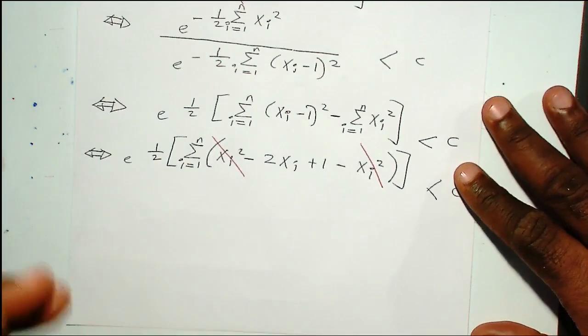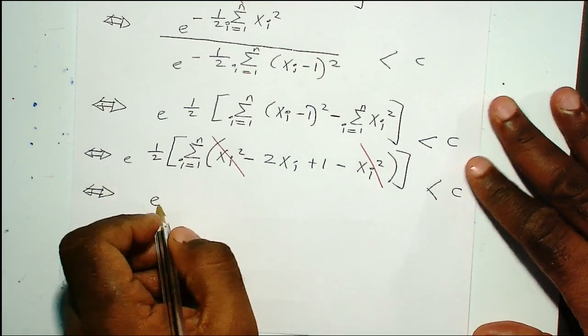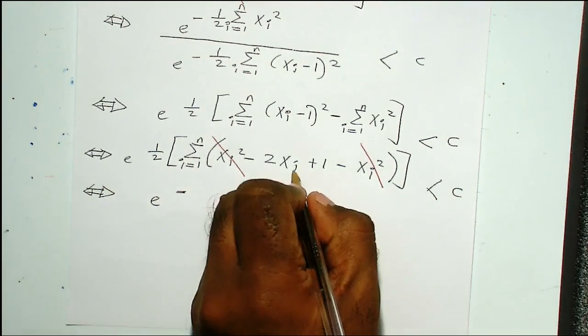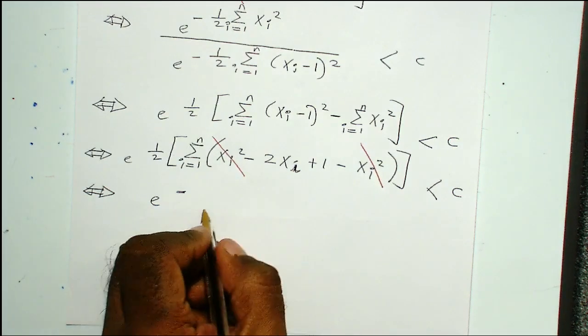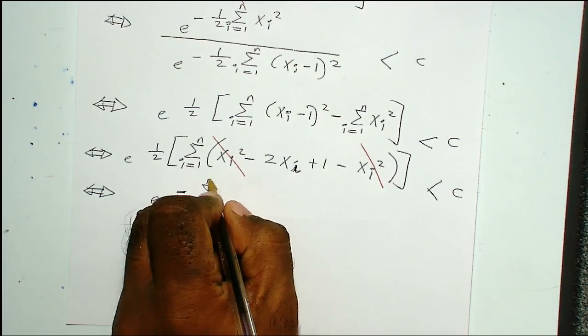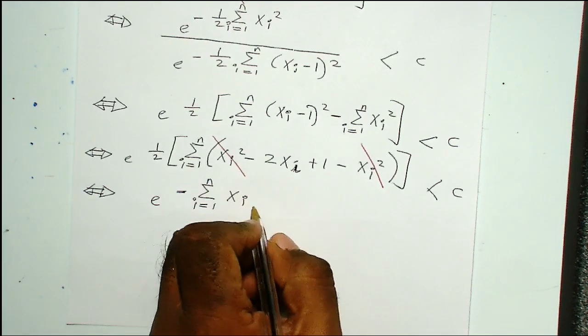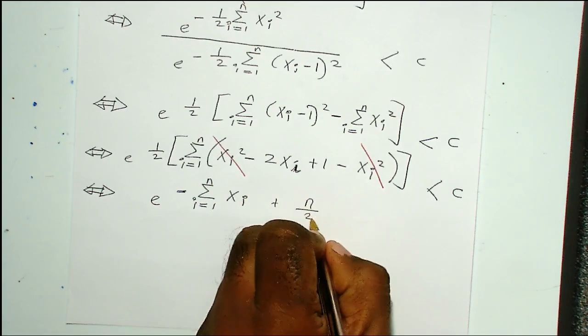So what you have is e to the power of minus the sum of xi plus n by 2, less than a constant.